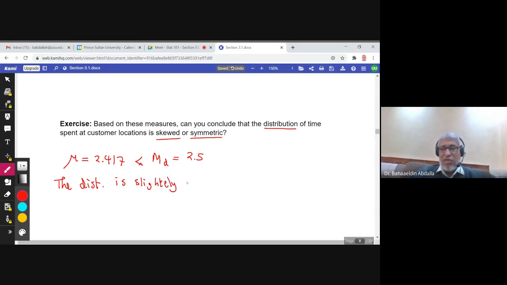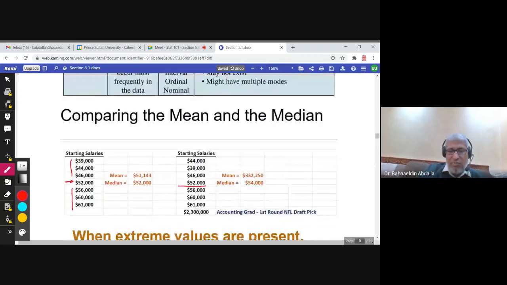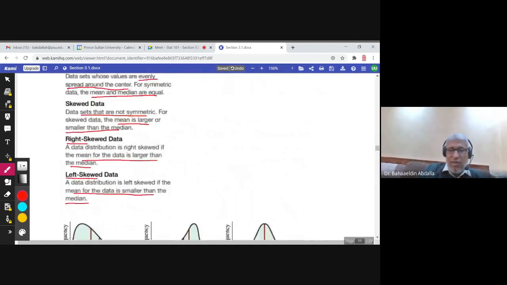Slightly, so the distribution is slightly skewed to the left. Why the left? Because the median is 2.5 and mu is 2.41. It is to the left of the median, so the distribution must be somehow skewed to the left. We have a left tail. So this is the answer of this question.